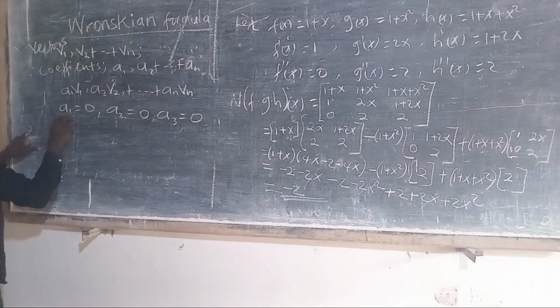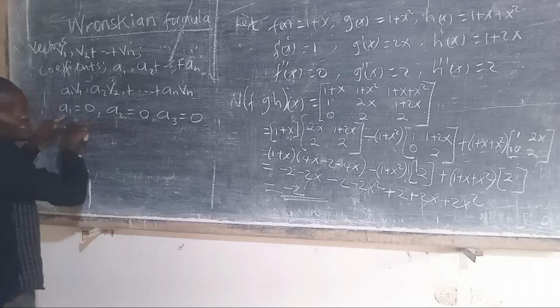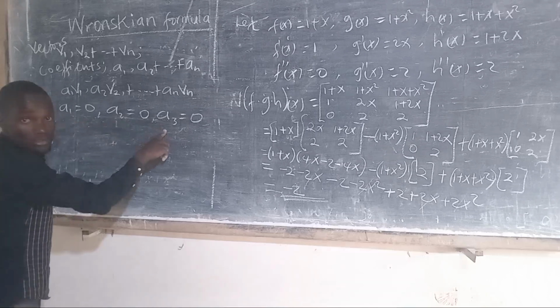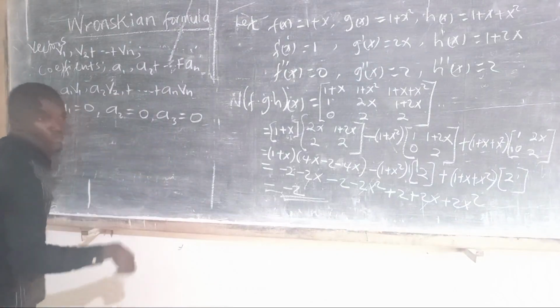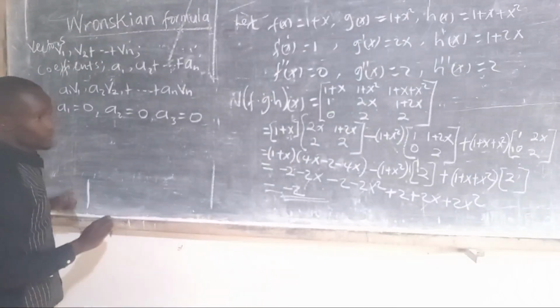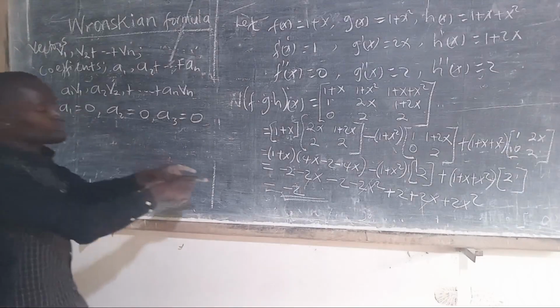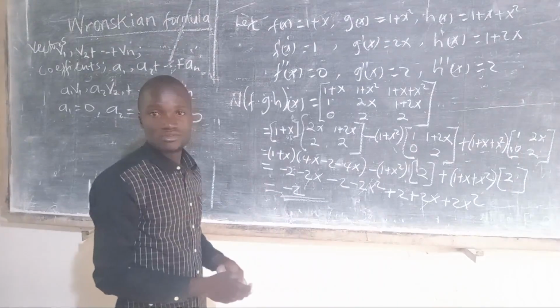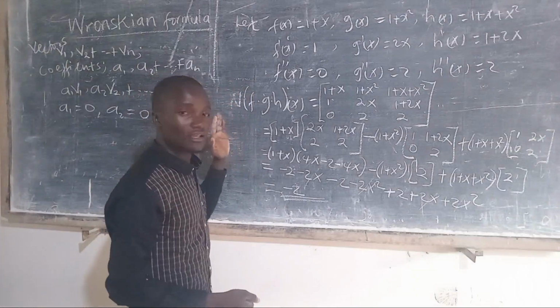Actually, it is linearly independent when all of the coefficients are equal to 0, and linearly dependent when at least one of the coefficients is not equal to 0. Since our determinant is negative 2, not equal to 0, the Wronskian is proving to us that we can conclude this system is linearly independent.